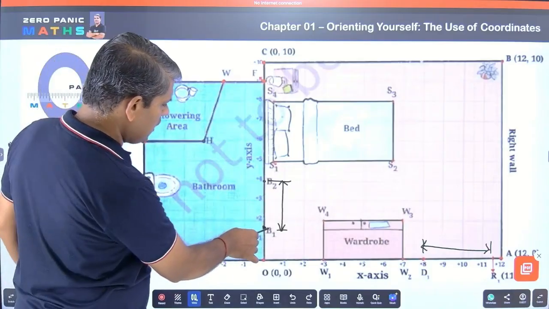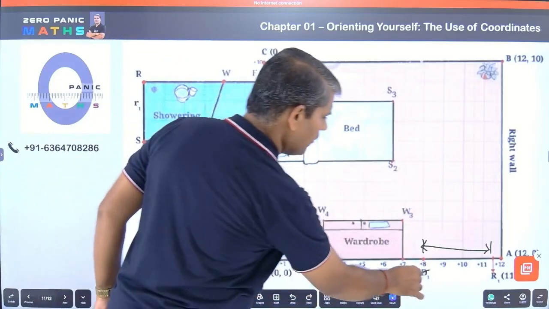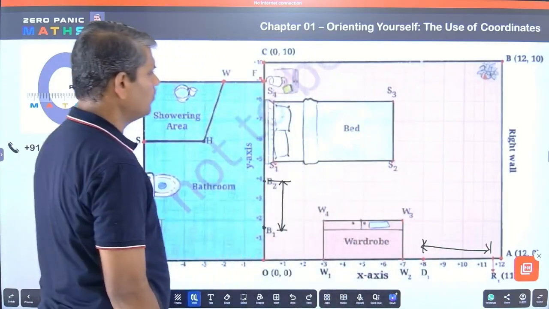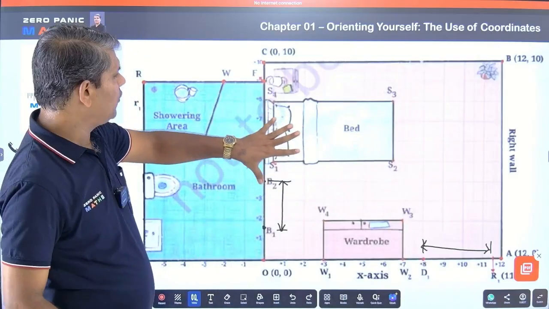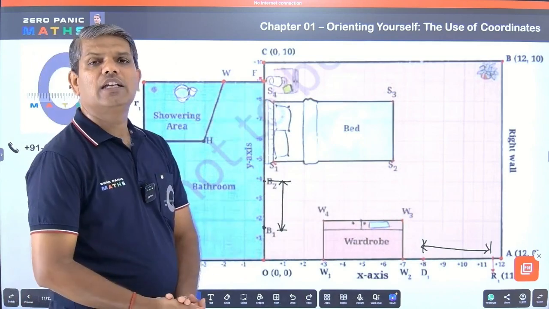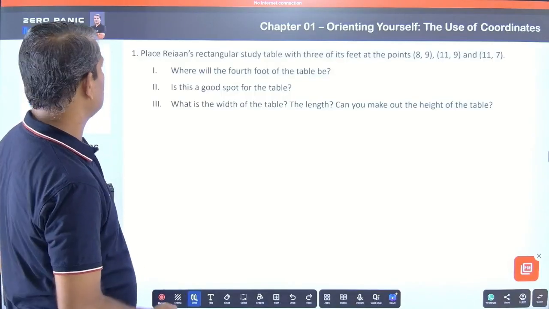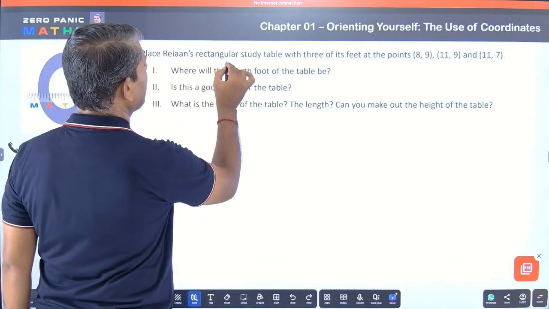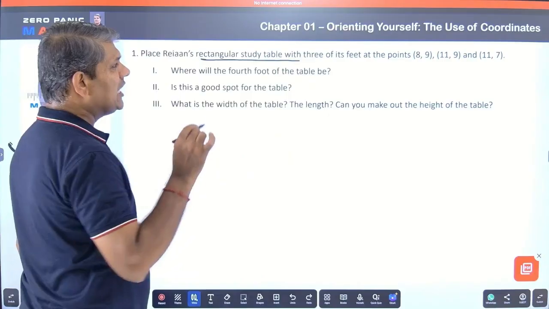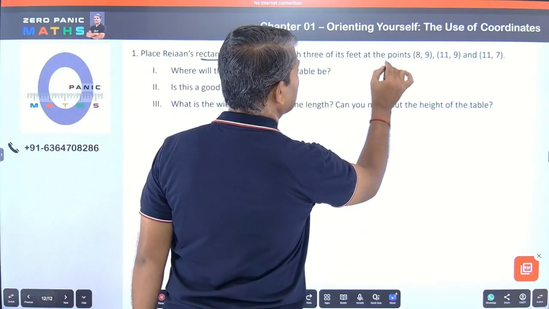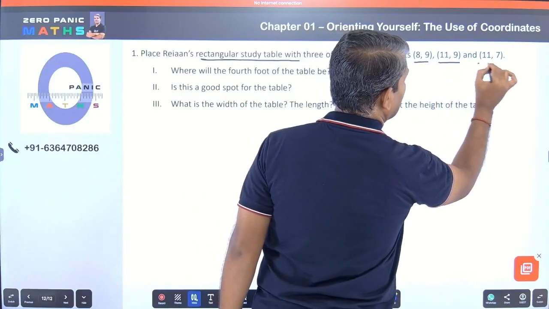Can you see the points B1 and B2 here, and D1 R1 is another room. Now with reference to this figure, we will see different examples for which we need to answer some questions. Now place Riam's rectangular study table with three of its feet at the points (8, 9), (11, 9), and (11, 7).